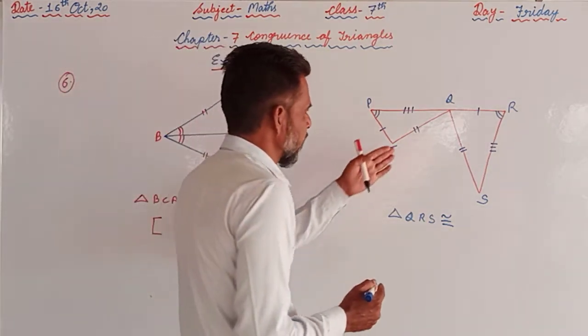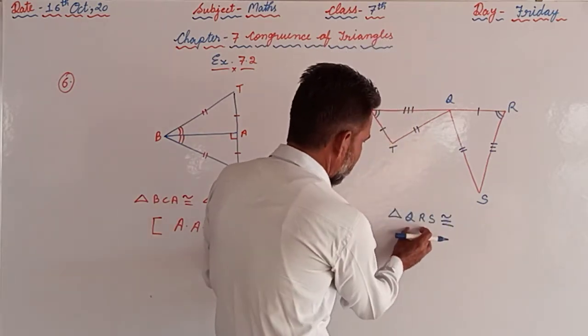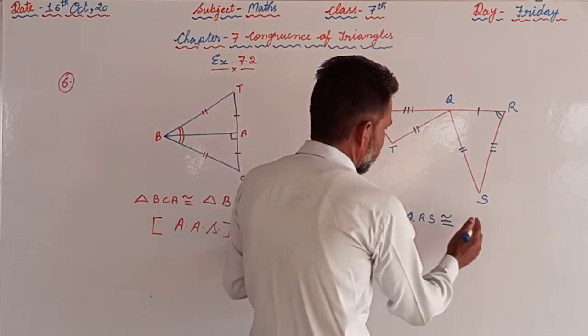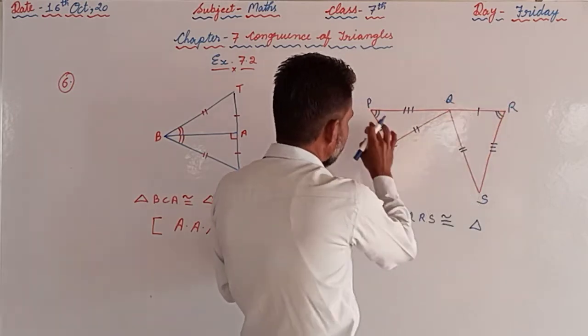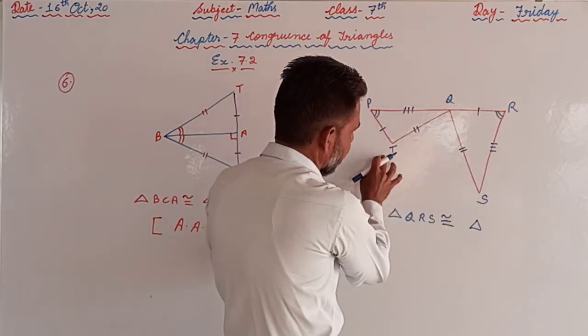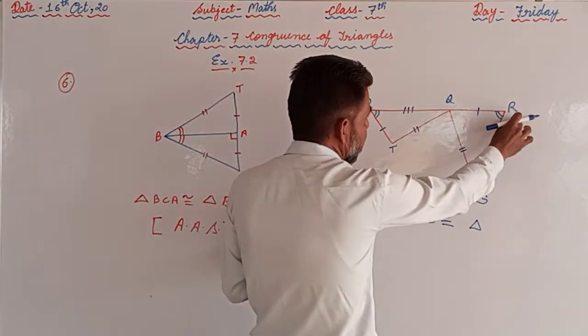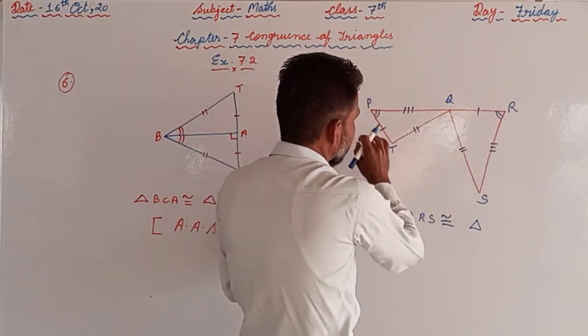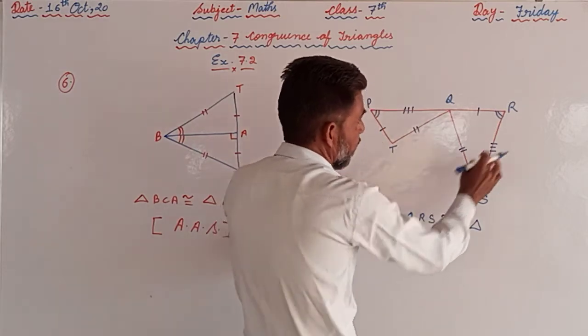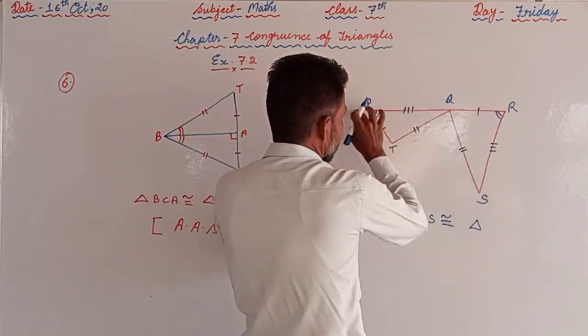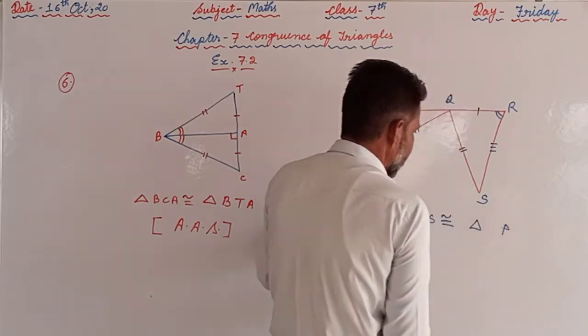At the same time, in this triangle QR is equal to PT, and angle R is equal to angle P. So angle R is in between, so angle R is equal to angle P, so we will write P in between.